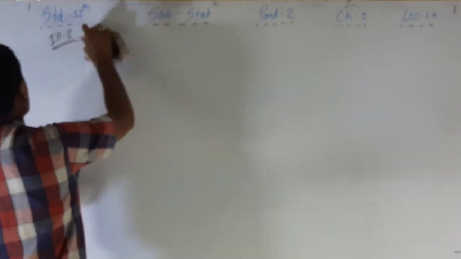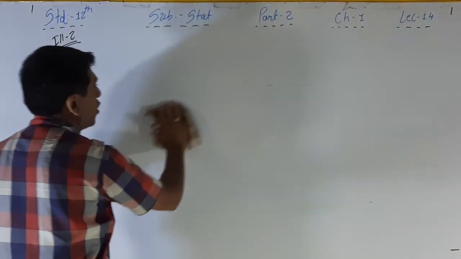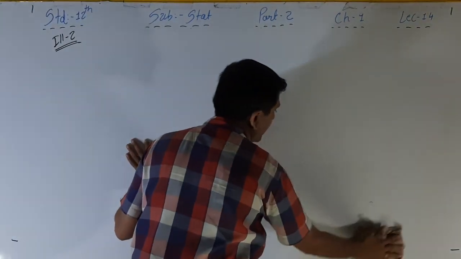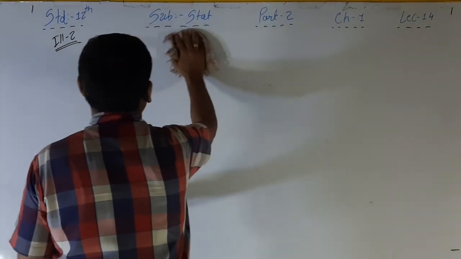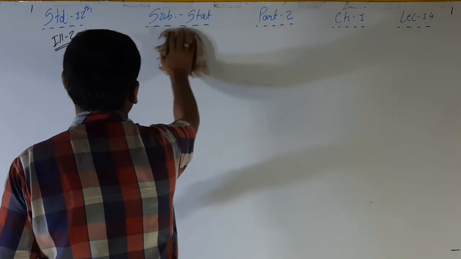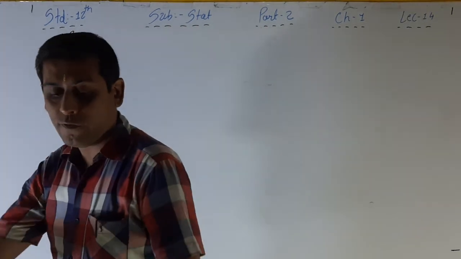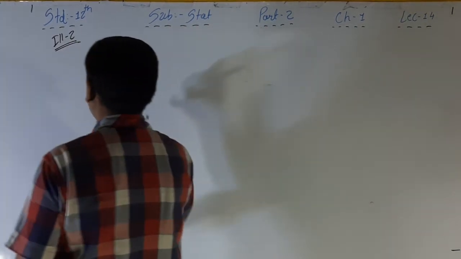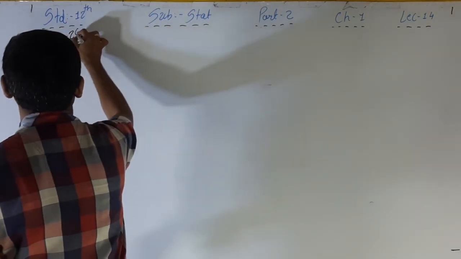Please write down all these answers, not questions, only answers, in your example book, compulsory, and practice 2 to 3 times in your rough book also, because it is a hard chapter for you.